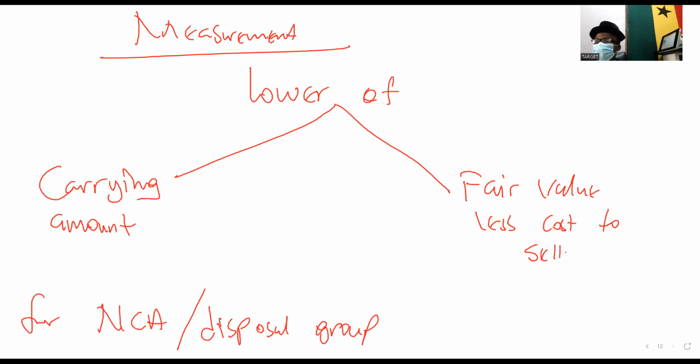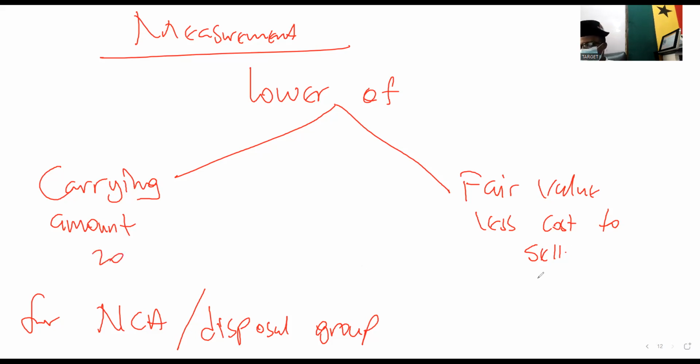So we are done with this. Take notice. At the initial point, the lower of carrying amount and fair value less cost to sell. So let's continue. Imagine that we have an asset, the carrying amount is 20.